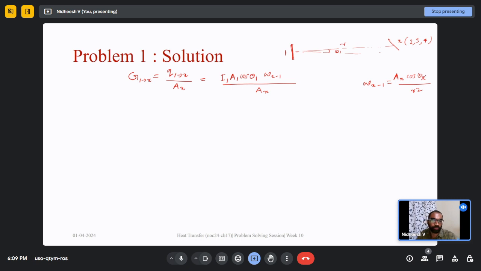Okay, now what is theta x in our case? This theta x would be the angle between the normal to this X surface and the line joining these two surfaces, right?